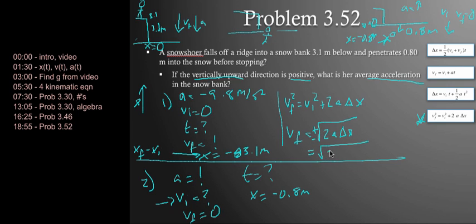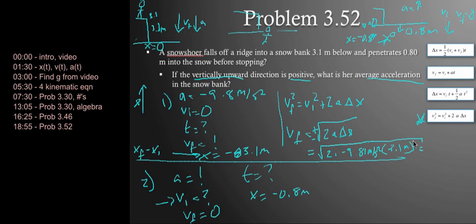And now we just plug in what we know: 2 times negative 9.81 meters per second squared times minus 3.1 meters. If for some reason you accidentally put one of these as positive, you would know that there would be a mistake here because you're going to get an imaginary velocity. Then you need to back up and think about how you defined these as being positive or negative. In this case, we have a negative times a negative. That gives us a positive, so we're fine.